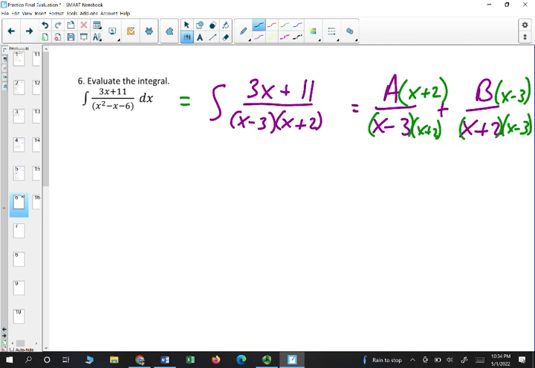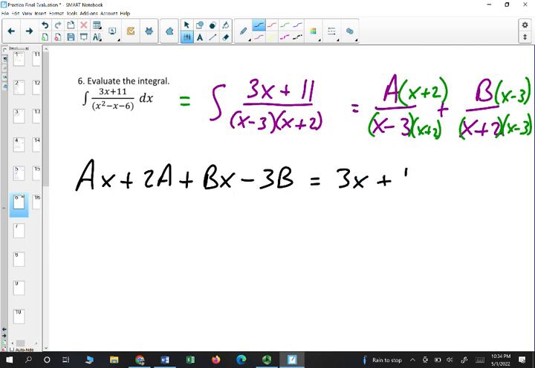Okay, so let's set it up. We're going to distribute the A to x plus 2 plus distribute the B to x minus 3. So we have Ax plus 2A plus Bx minus 3B, and this will all equal the original numerator, 3x plus 11.